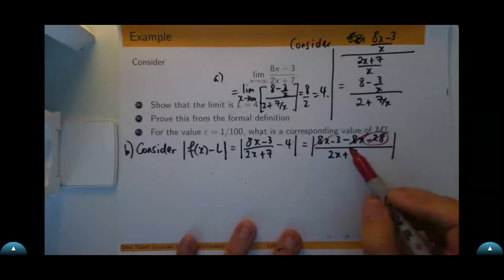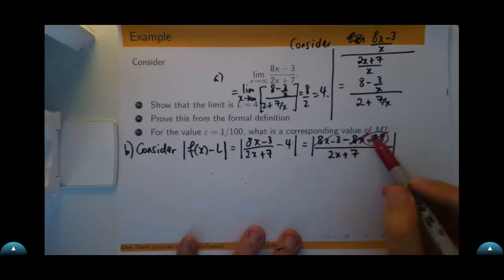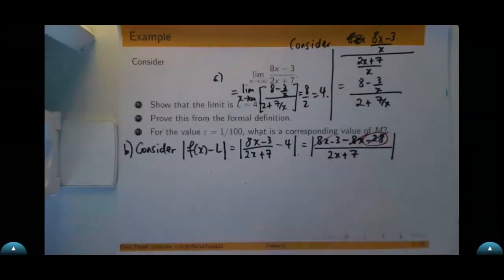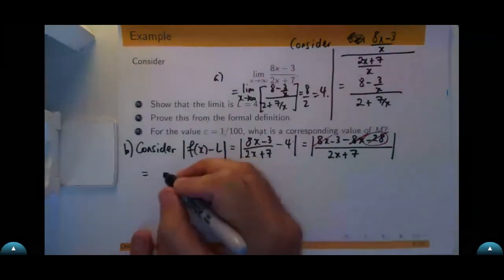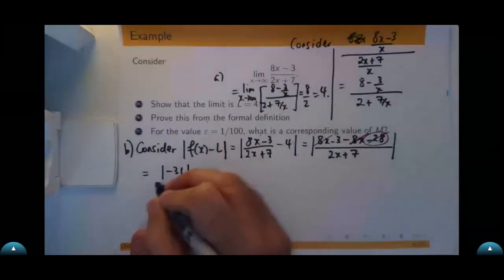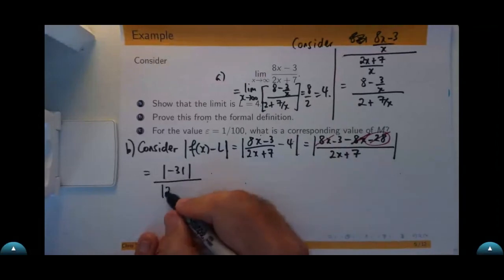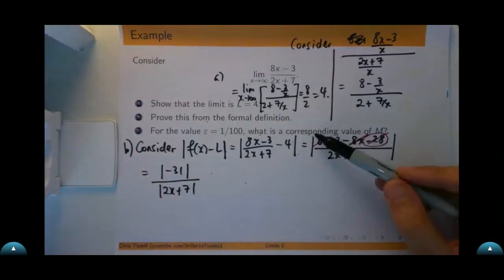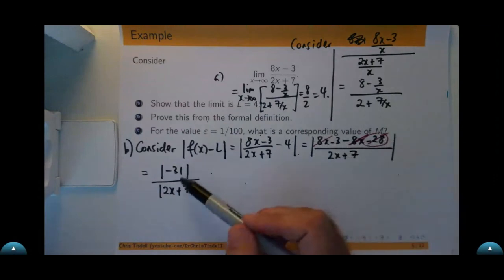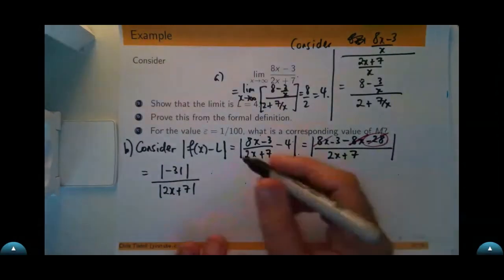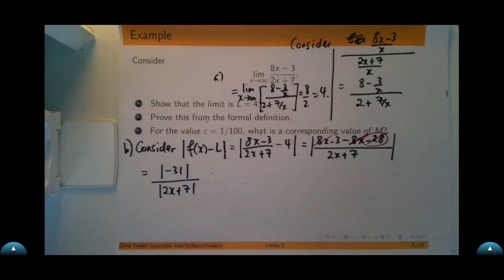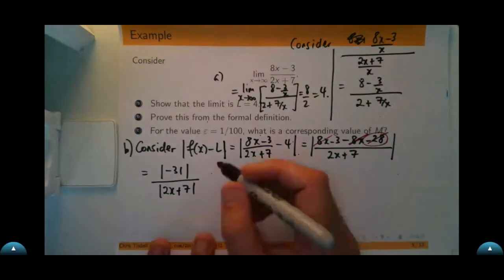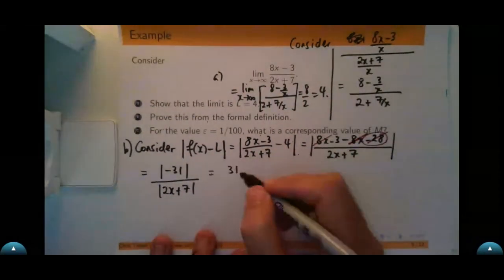So that's still here, and I'm going to get negative 31 on the top and that on the bottom. Now see what I've done here. I've split up the absolute values into top and bottom. The absolute value of the top is just 31.